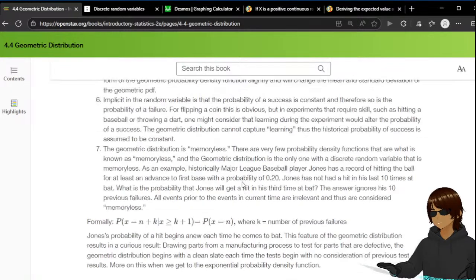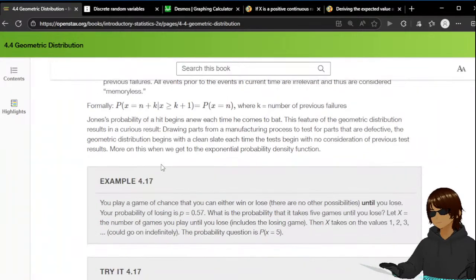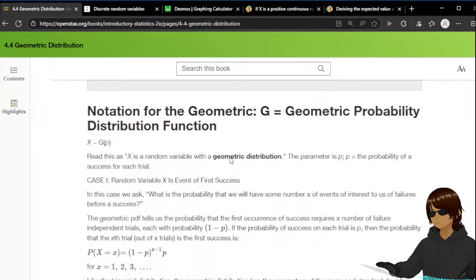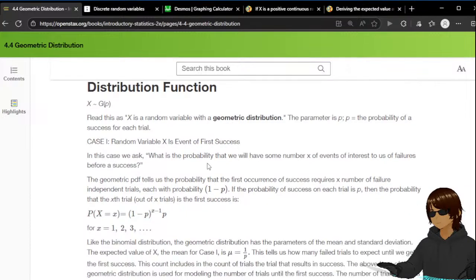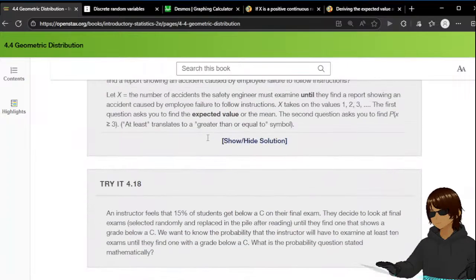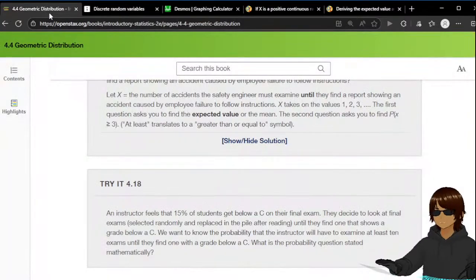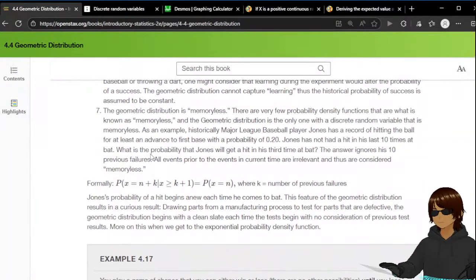Did they talk about the expected value? The expected value is... so wait, I need to see an example.